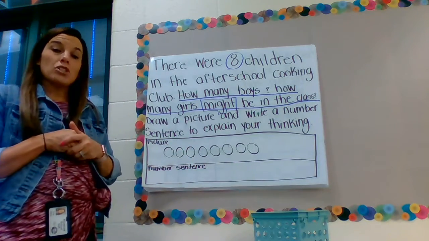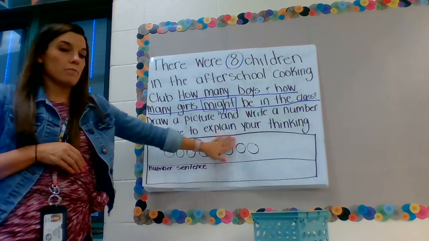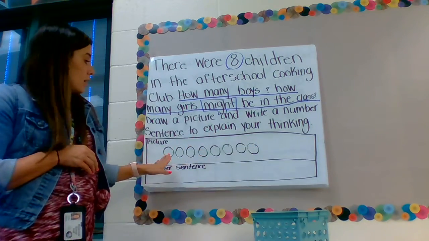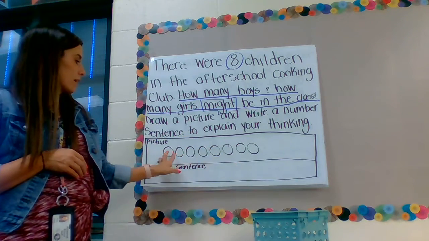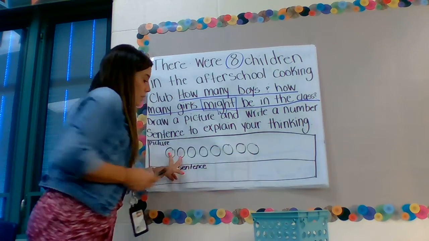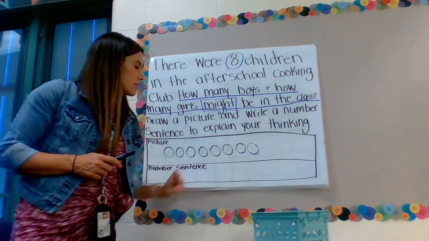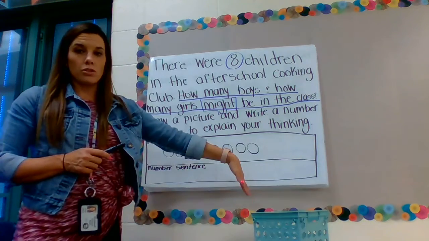But then what I might do is color some of them blue and the rest of them pink. And that would give you a combination to 8. So for example, if I colored 2 blue and colored the rest pink, I would have 2 plus 6 equals 8. There could be 2 boys and 6 girls.